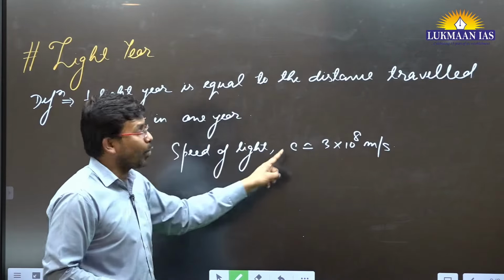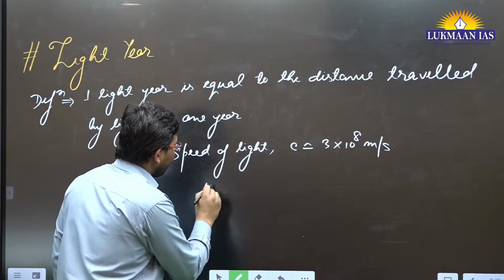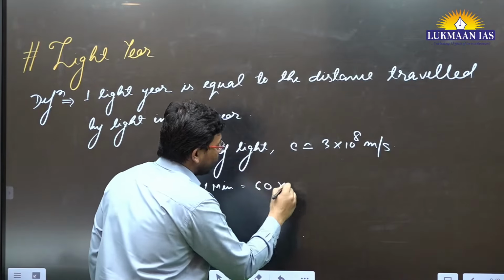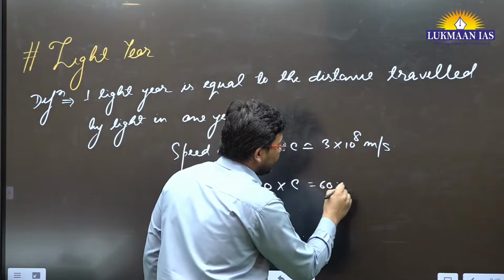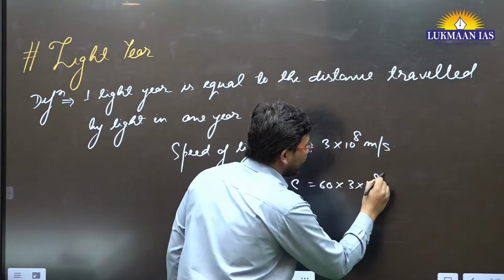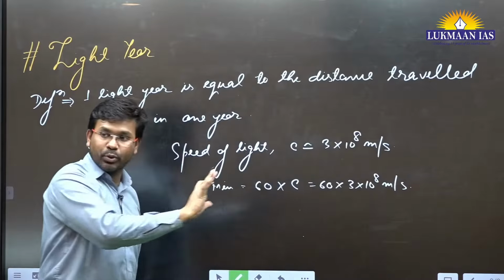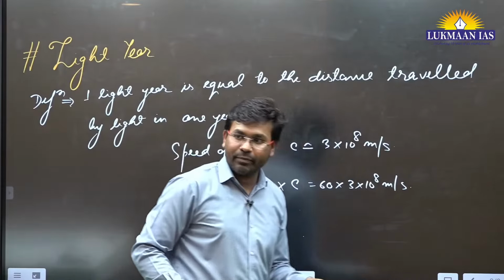So in 1 second light travels this much. If I talk about 1 minute, how much will light travel? 60 into C, which means 60 into 3 into 10 raised to power 8 meter per second. In 1 second, let's say I'm walking and covering 1 meter.